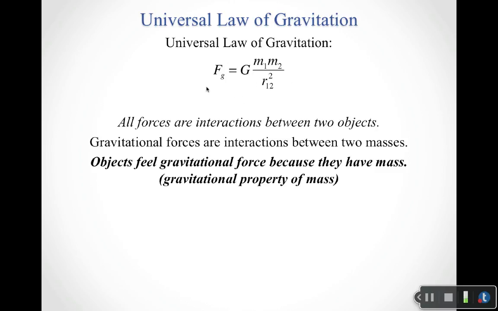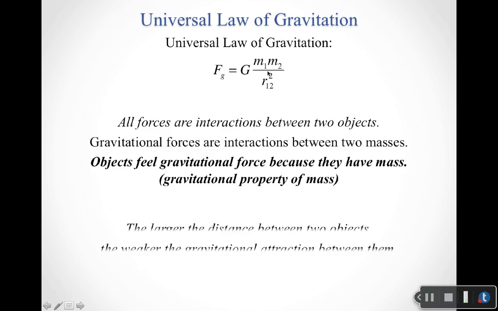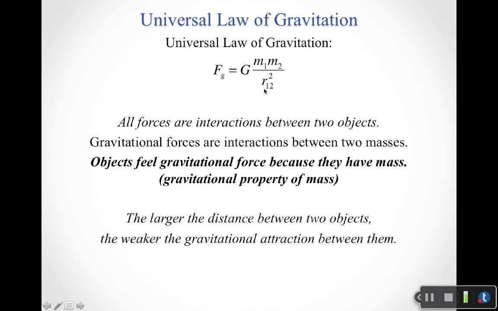Objects feel a gravitational force because they have mass. This is known as the gravitational property of mass. We talked about the inertial property of mass, the idea that to accelerate something that has a large mass, you have to give it a very large force. But this is the gravitational property of mass. It says objects that have mass feel and exert gravitational forces.